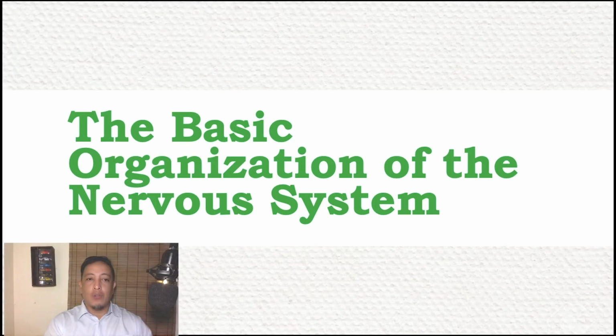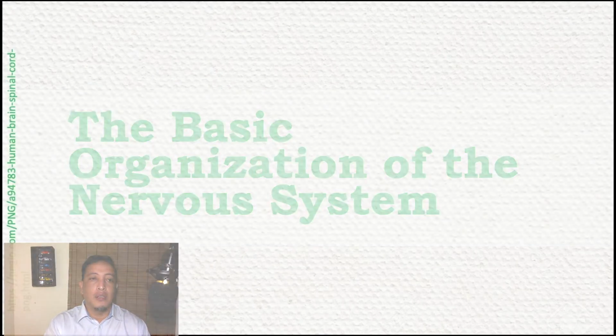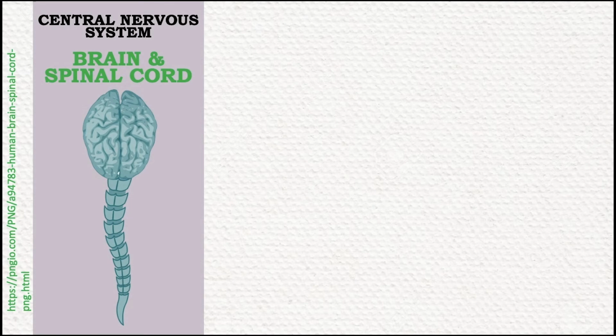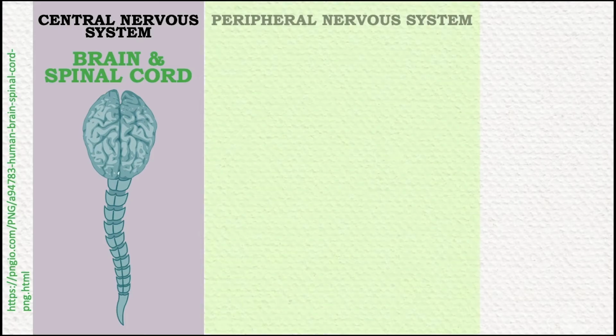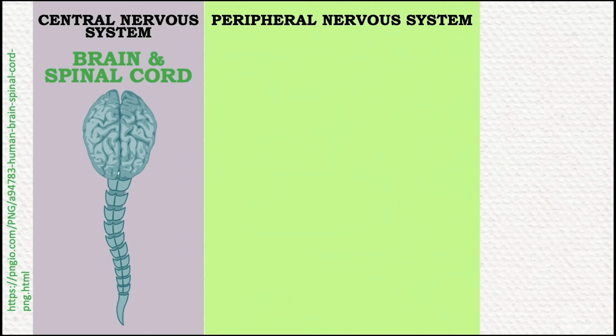Now we go to the basic organization of the nervous system. The highest organizing part of the nervous system is collectively the central nervous system, which is composed of the brain and the spinal cord. From the brain and the spinal cord, we have the peripheral nervous system.